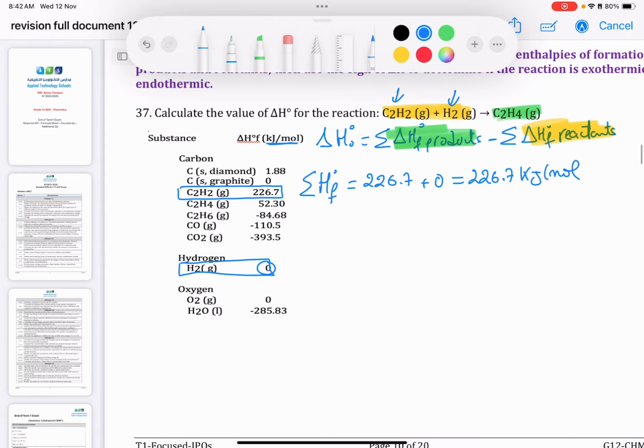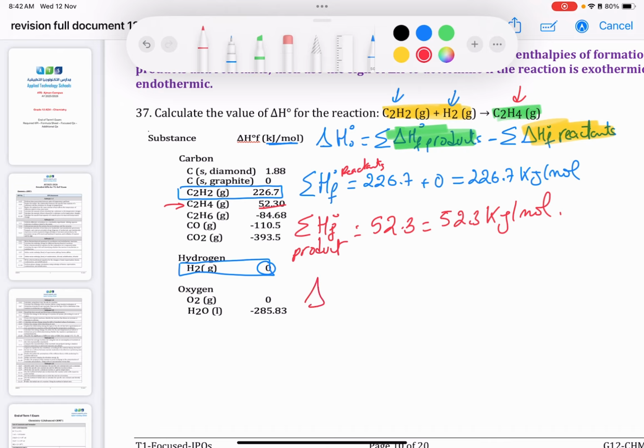I get the unit from the question. Now, that was for reactants. Now let's do the enthalpy of formation of products. I only have one product here, it is C2H4, and that is 52.3. So it is 52.3 kilojoule per mole.